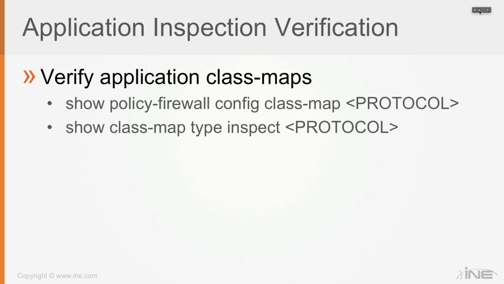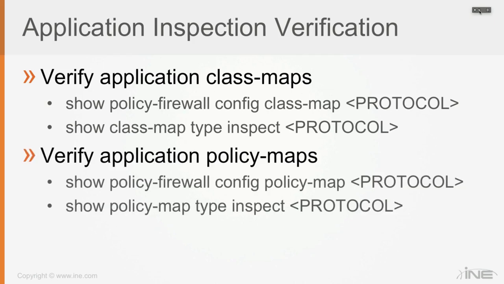That's the new command. The old command is show class map type inspect and the protocol. We verify the application policy maps with the same command: show policy firewall config policy map HTTP or FTP or SMTP. So show me the policy firewall configuration and the policy maps where I'm inspecting HTTP or FTP or whatever protocol you want to inspect. Or the old command, show policy map type inspect and the protocol.